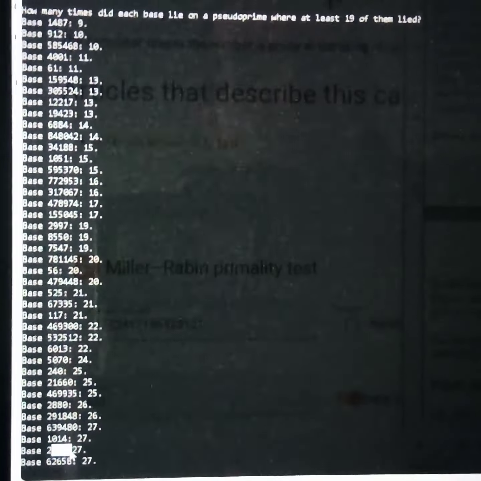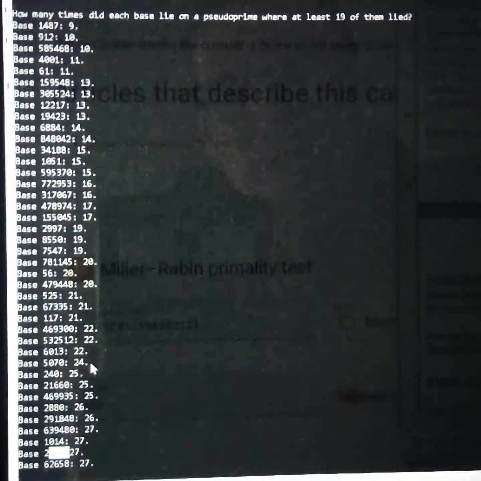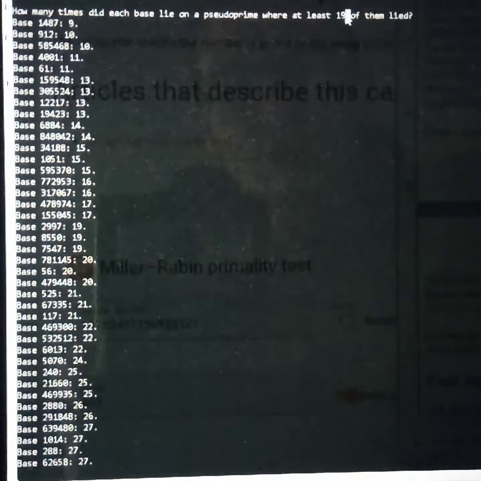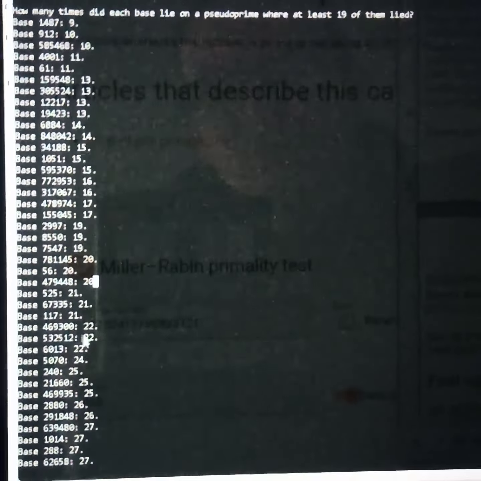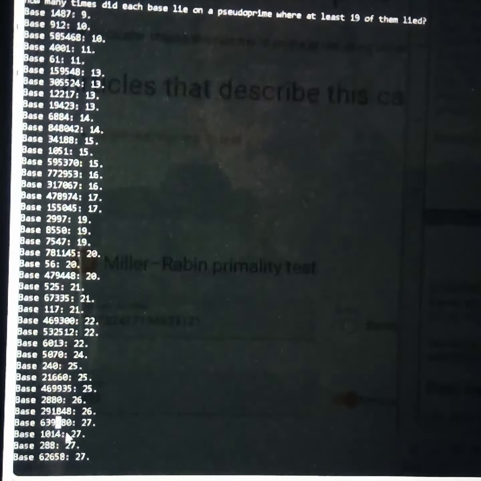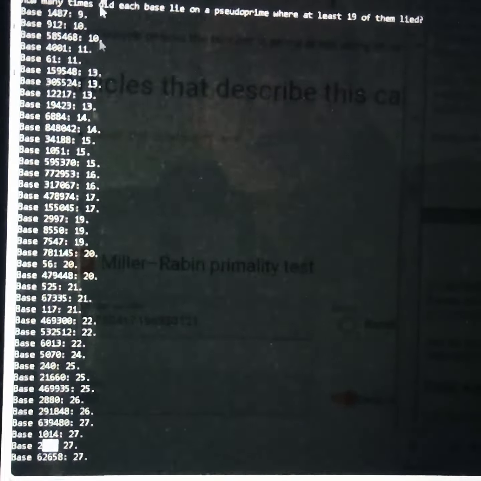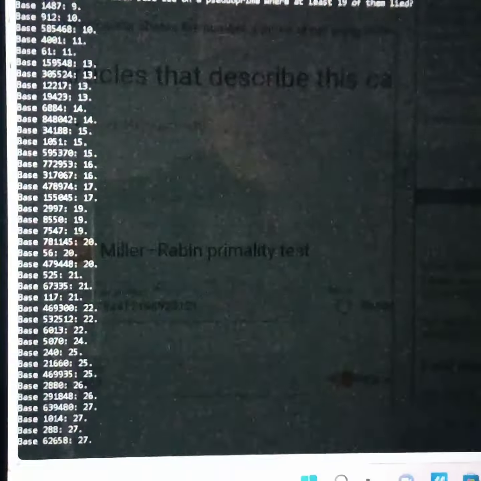This is about those stump numbers I was telling you about earlier. At least 19 bases were strong liars for those numbers. And then this counts up how many times each base was a strong liar in those instances. And 288, which is also up there, was not in good shape. Because there are 4 bases whose square free part is 2.